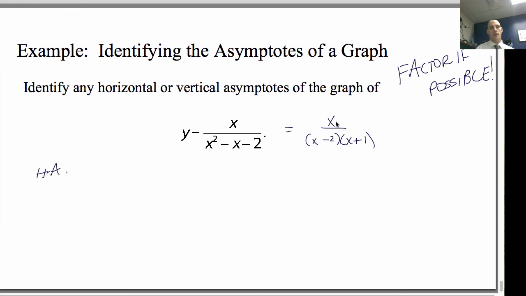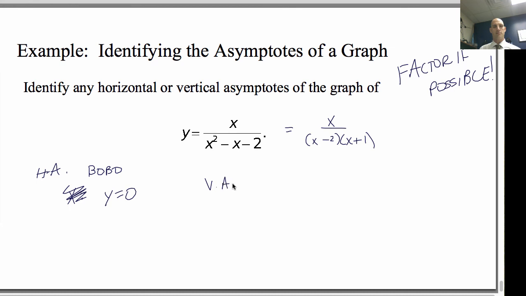Okay, so my horizontal asymptotes: Bobo, Betsy, BO2. Well, I've got bigger on bottom, right? Because I've got an x squared on bottom. So that means that y equals 0 is an asymptote.